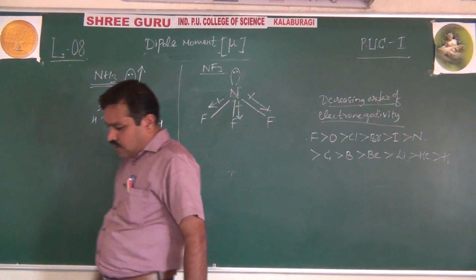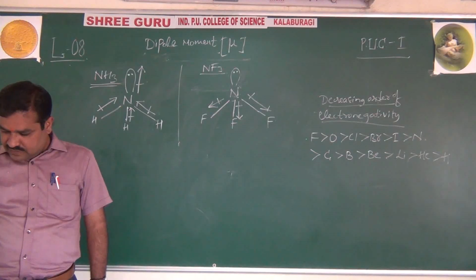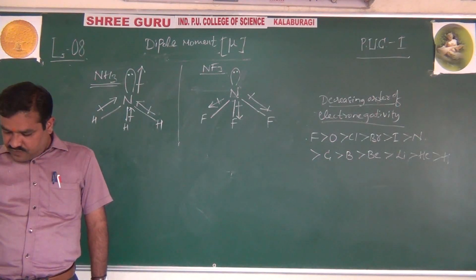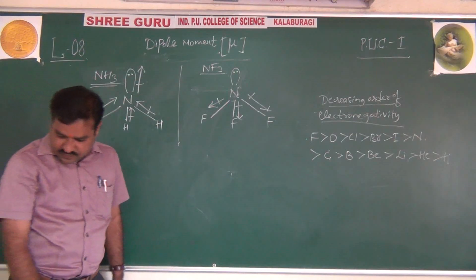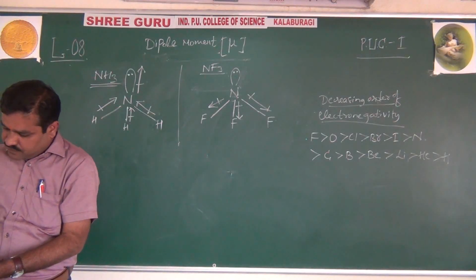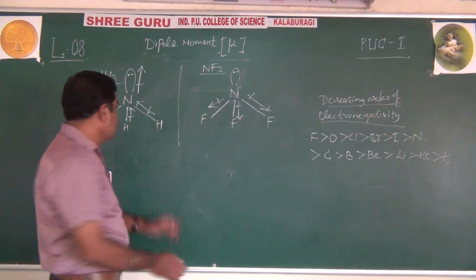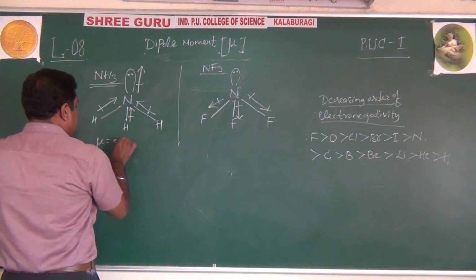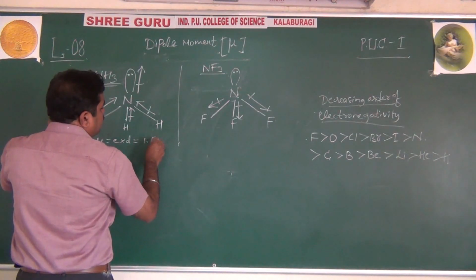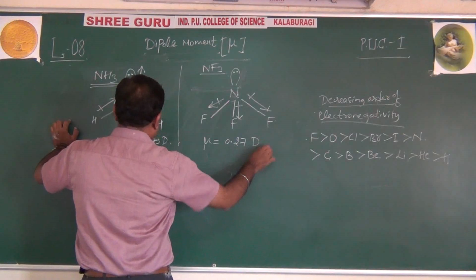Now ammonia. This ammonia has a mu value, that is, multiplying e into d, 1.49 or 1.47 D unit, but NF3 will have a mu value of 0.27 D units.